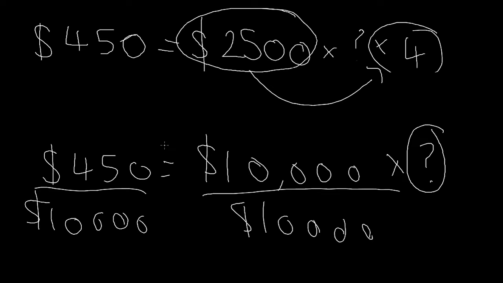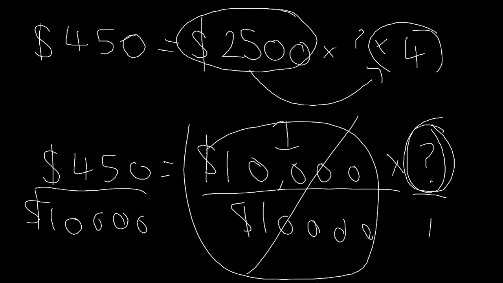So when I do that, I've got 10,000 over 10,000 times question mark over 1, which means I can simply cross this out because it's the same thing as 1. And 1 times whatever this rate is, is the same thing as just the rate. So we can simply take this all away.